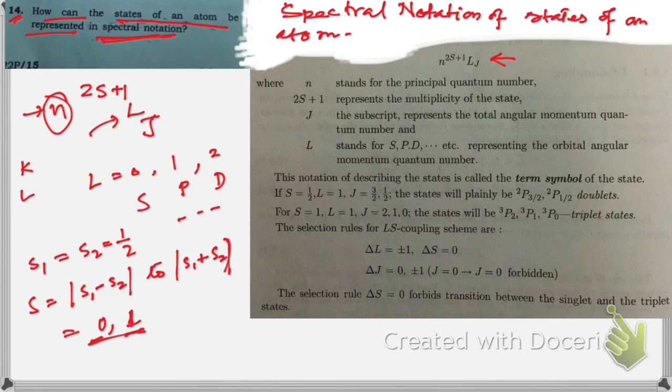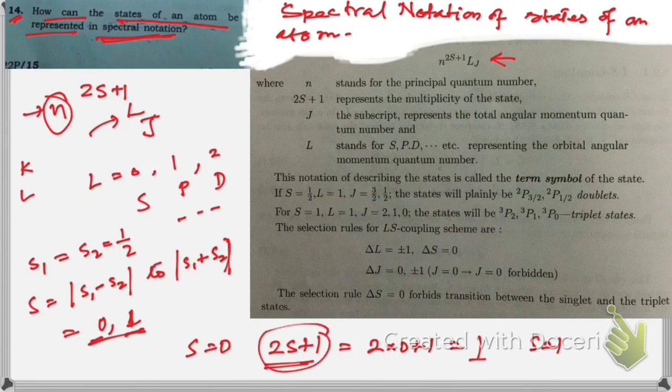And what will be the multiplicity state here? For s is equal to 0, twice s plus 1, that is the multiplicity, is 2 into 0 plus 1, that's 1. That will represent singlet, okay? And for s is equal to 1, 2s plus 1 is going to be 3. That represents triplet, right?